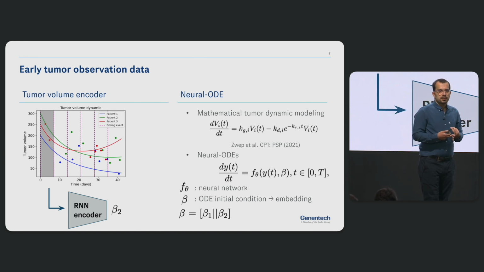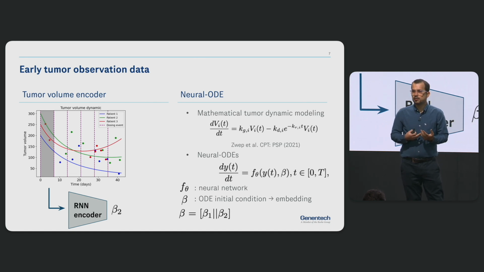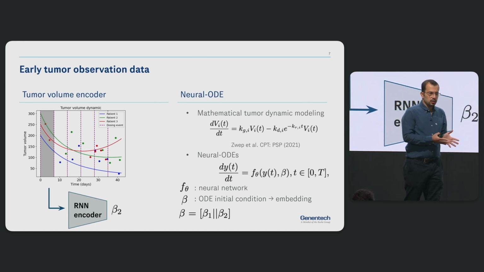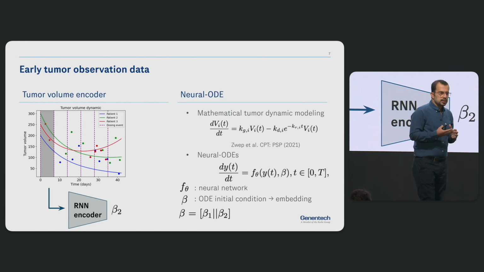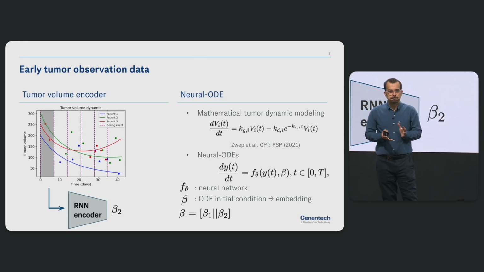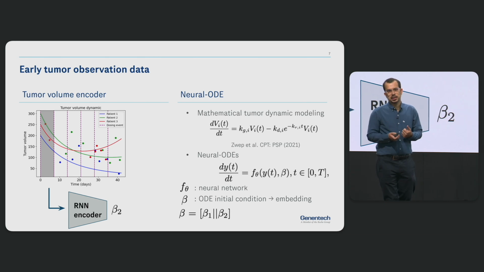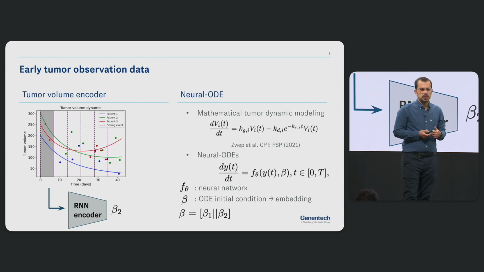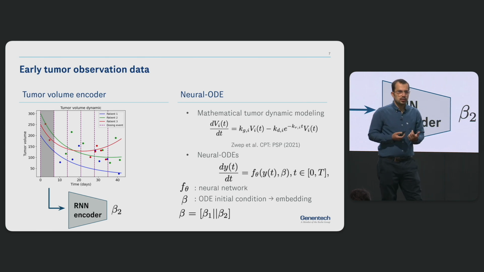They also have other benefits like counterfactual simulation. Counterfactual simulations are what-if simulations. Like if I have this drug with this dose, what if I want to double the dose or halve the dose? These are cases where ODE systems are very helpful. Also, in terms of interpretation, you can interpret which component goes back to growth or shrinkage or rebound and so on. So that's why we use Neural-ODE.